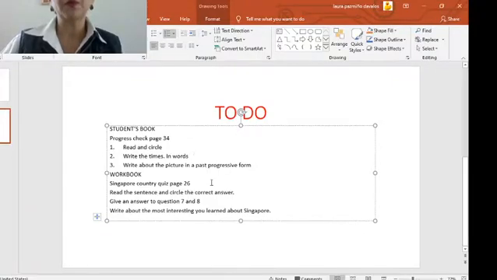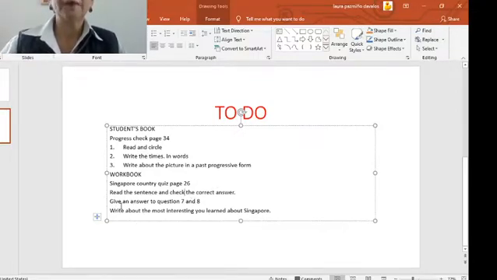On the workbook, you have to tell me about Singapore. It's a country quiz, on page 26. You have to read the sentence and check the correct answer. You just put a check.